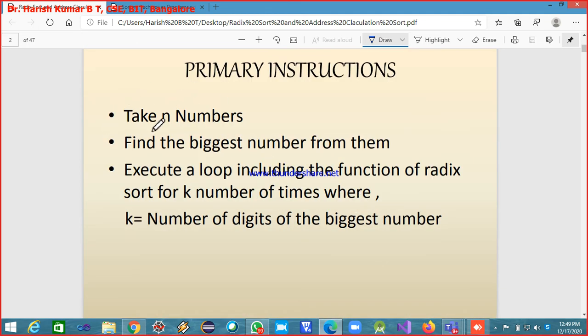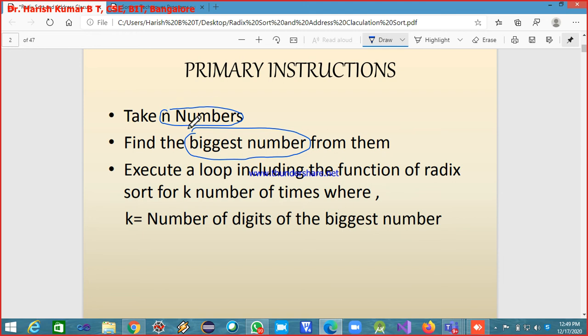Now what we do here, again we take n numbers. Find the biggest number from them. Execute a loop including the function of Radix Sort for k number of times, where k is the number of digits of the biggest number.